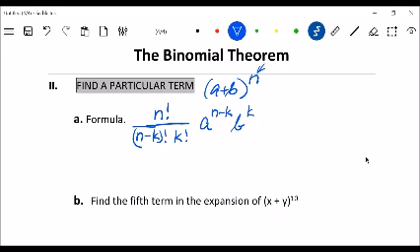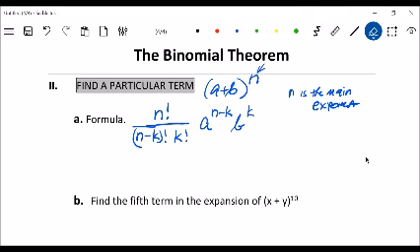Now let me tell you what each of these things are. So n is the main exponent. I would like to make that the kind of n like textbooks do. Okay.